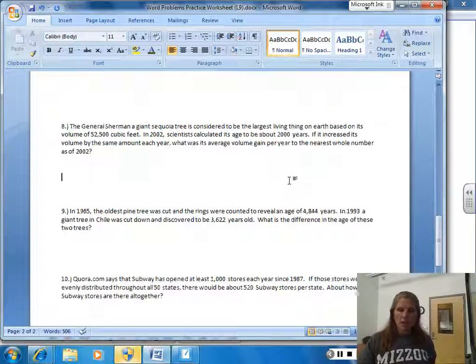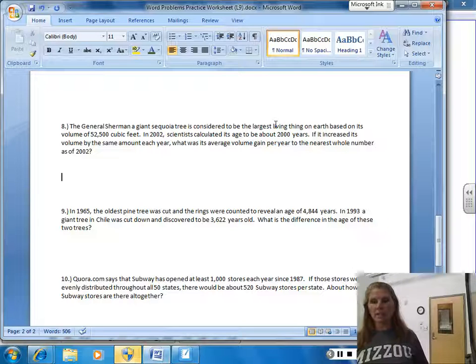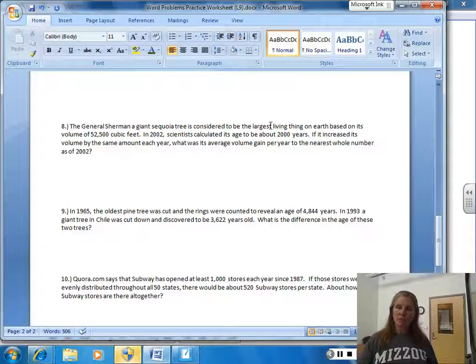Which one would be put first? Well, the minuend, or the number on top, should be the greater number. So we should be subtracting the 4,844 minus 3,622 to find the difference in these ages. And I want you to try that one on your own. I'm going to give you the answer in a minute, but you should pause it, write down that subtraction problem, and see what you get.